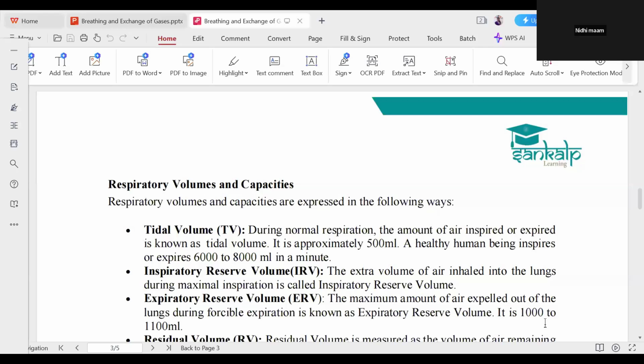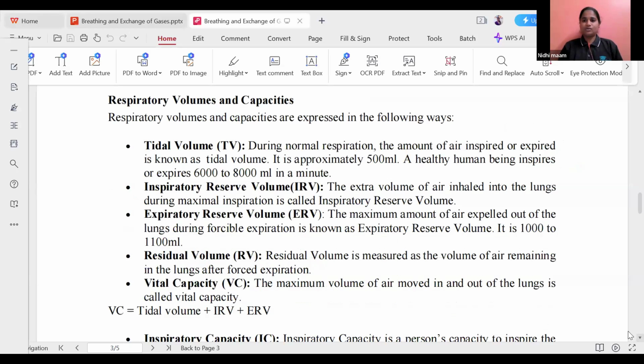Okay, here we have CET notes. Here you can see respiratory volume and capacities. Here you can see tidal volume.